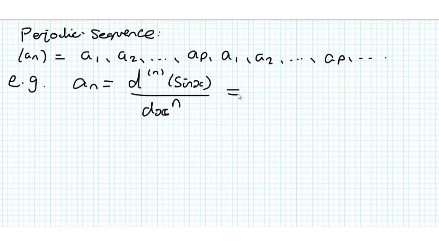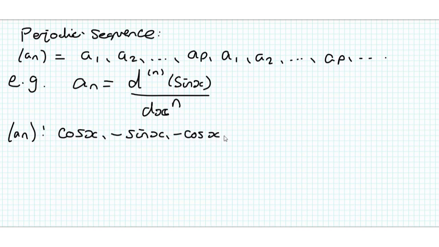So if we take a look at a_n, and n's going from 1 onwards, the first derivative of sine x is cos x, then the second derivative of sine x is the first derivative of cos x, which is minus sine x, and then the derivative of this is minus cos x, the derivative of that is sine x.